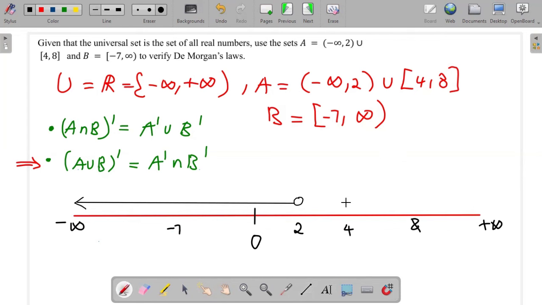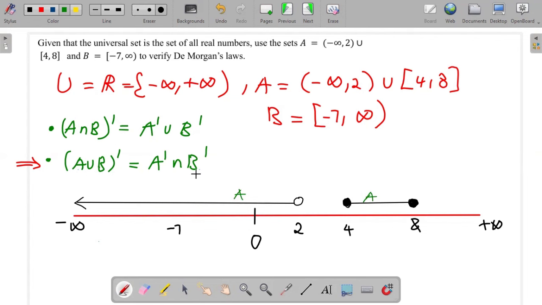Union, and then now I start on 4 here. I shade because there's a square bracket on 4. And then I'm moving to the 8 here. I also shade there. So this part that I've shown on this number line is my set A. So this is A, and here it's still A. What about B?